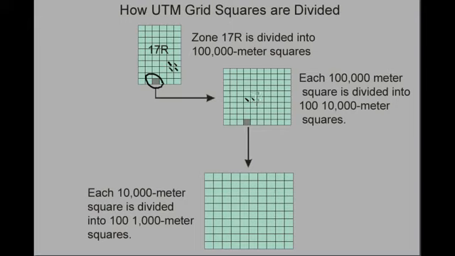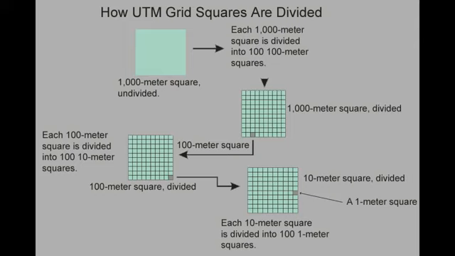So each of these little squares is 10,000 meters times 10,000 meters. Let's take one of these 10,000 meter squares, and it is divided into 100 1,000 meter squares. So each of these little squares is 1,000 meters, or 1 kilometer. Once again, each of these little squares is 1 kilometer square, or 1,000 meters square.